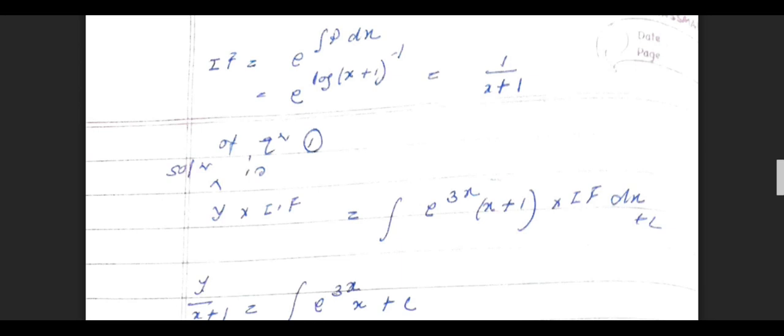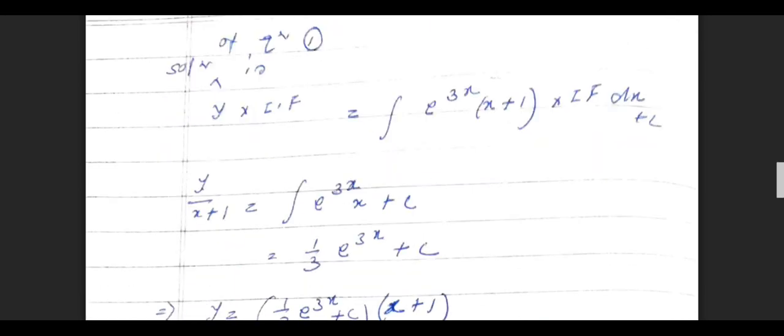Write the equation in the form dy/dx plus Py equals Q, and then find the integrating factor. Check whether you are getting the integrating factor e to the power 2 square root of x.